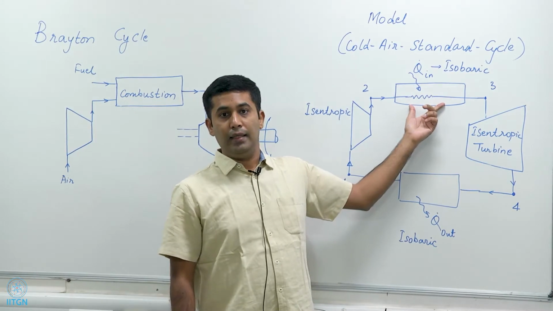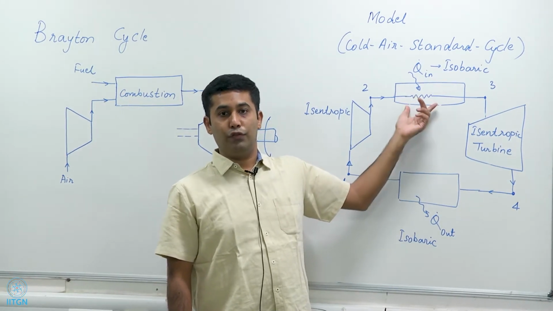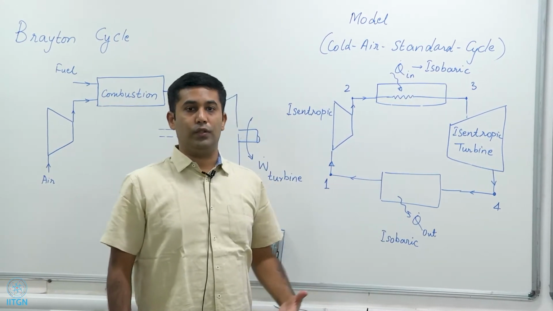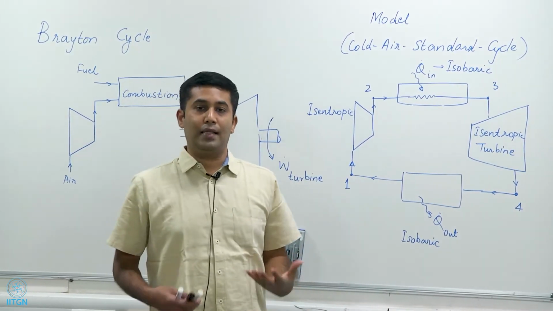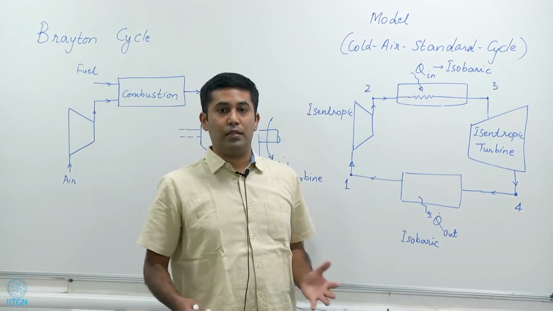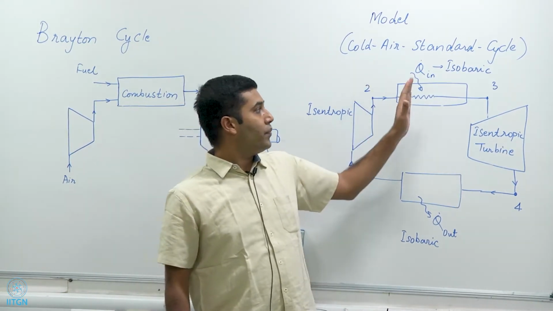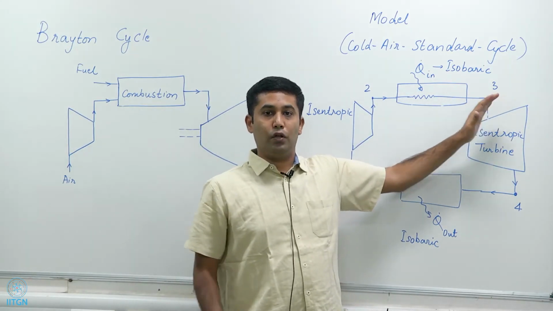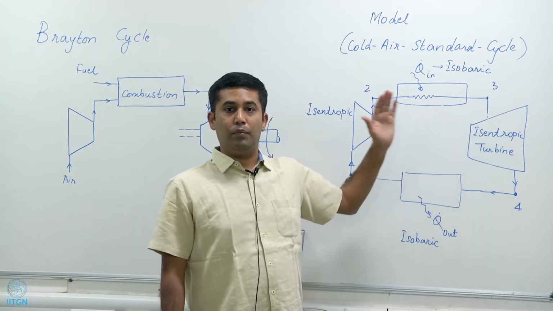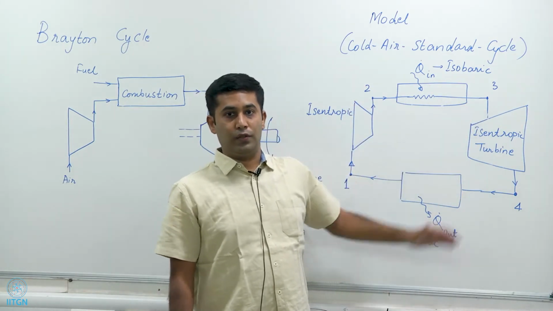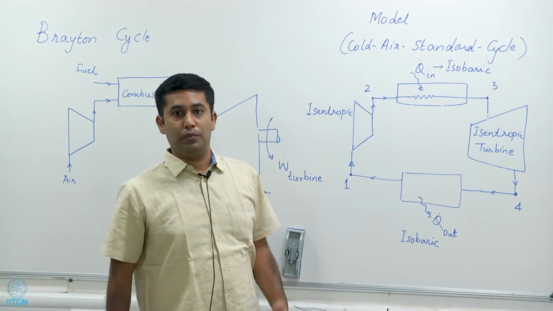In reality, this is air reacting with fuel to reach very high temperatures, and so we ignore the chemical reactions. We assume that a certain amount of heat is added to the air such that there is no chemical change. It is just that air increases in temperature as it goes from 2 to 3 because of the heat addition process, and the pressure at 2 and the pressure at 3 remain the same, that is P2 equals P3.